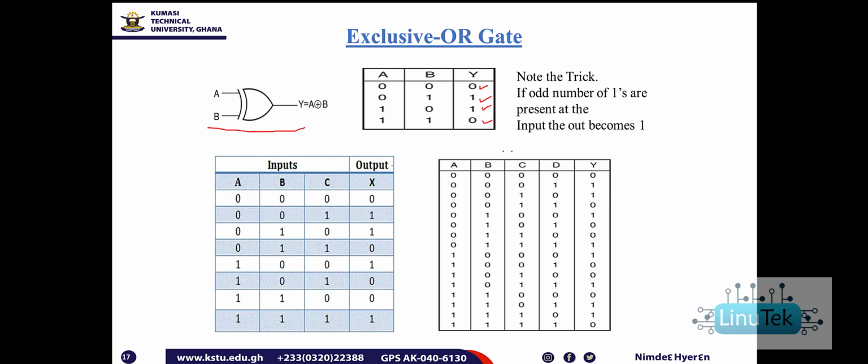So another way to see it is that the output is 0 when the inputs are identical. But when the inputs are opposite, the output is always high. So take note of that.